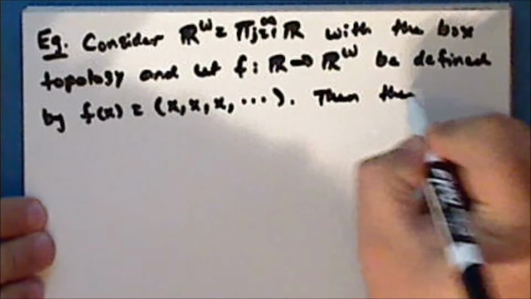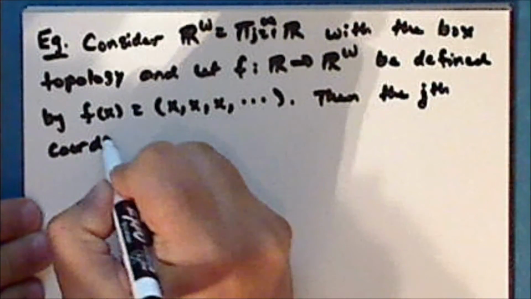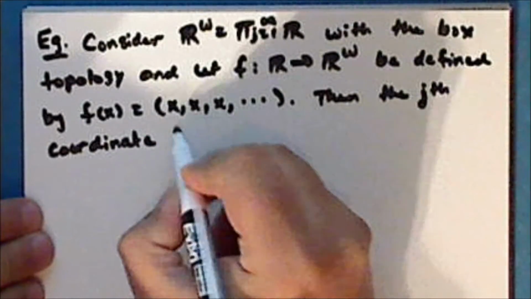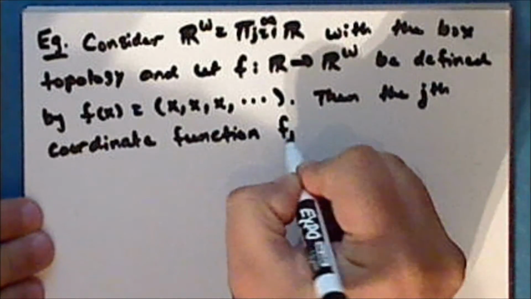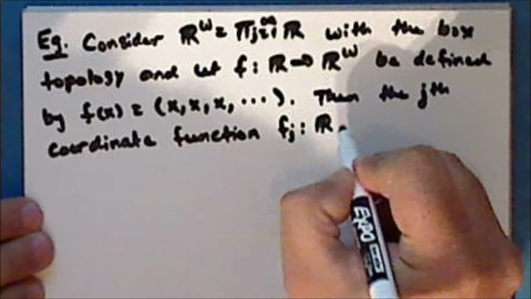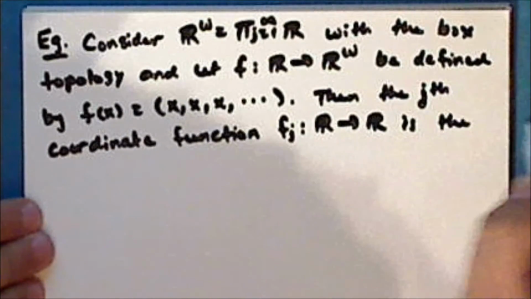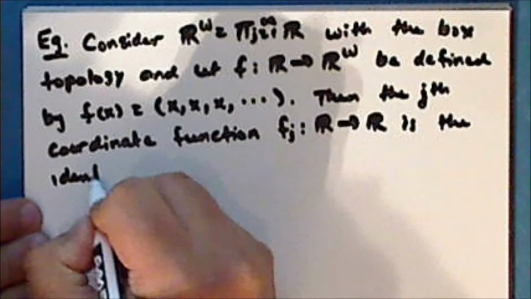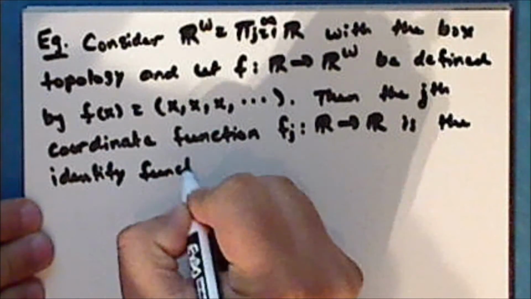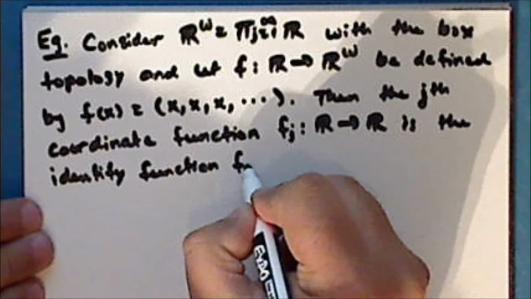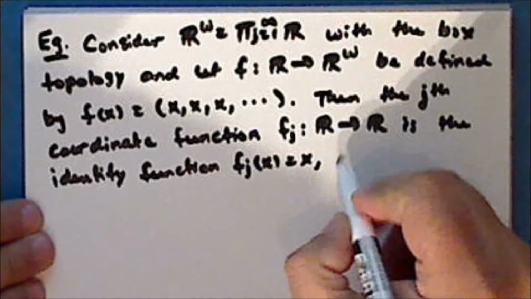Then the jth coordinate function f sub j, mapping the real line into itself, is the identity function, which is continuous.